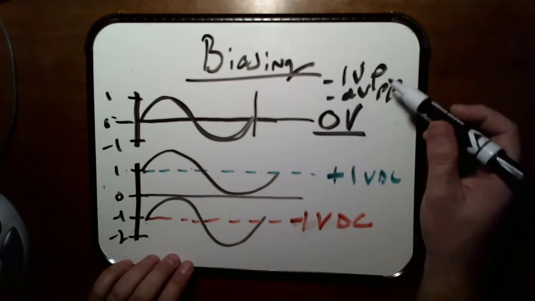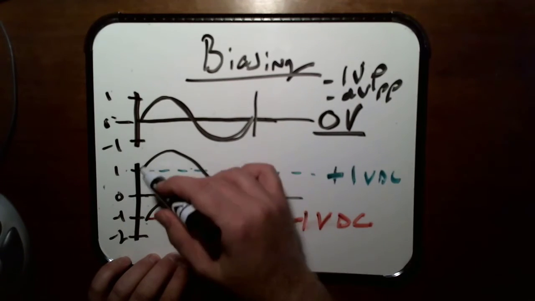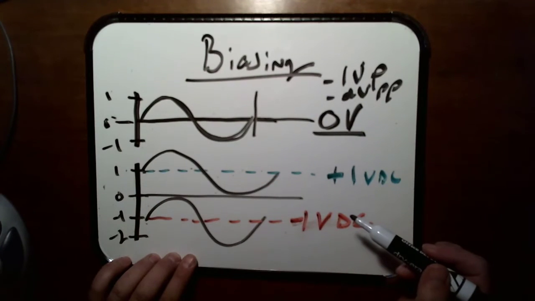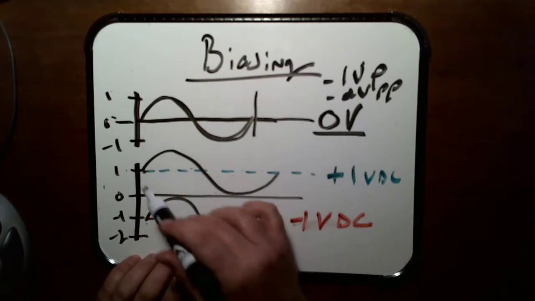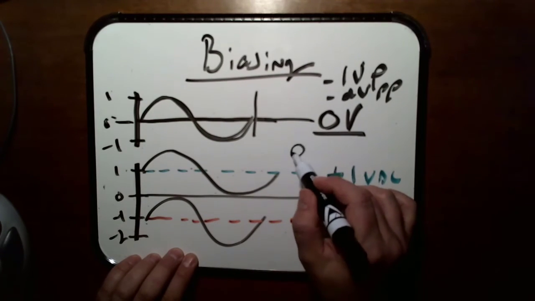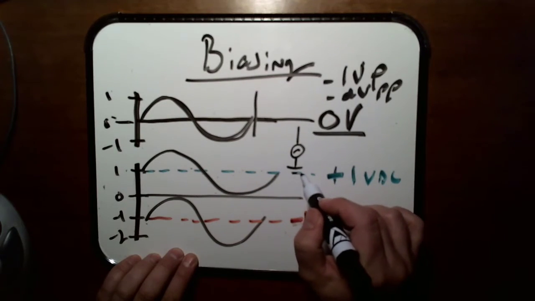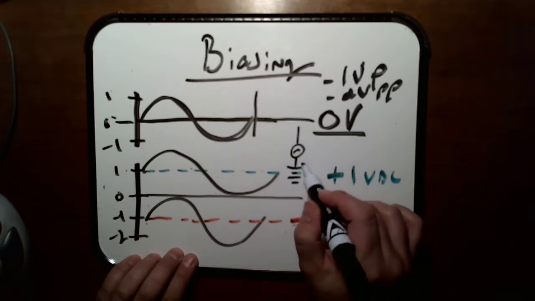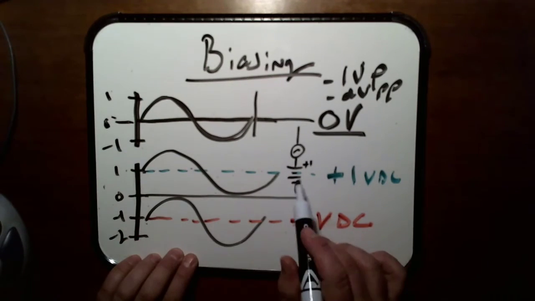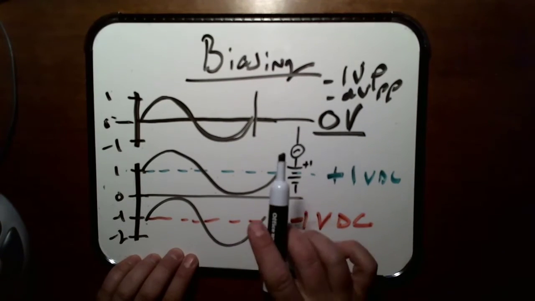So this is still a 1 volt peak, 2 volts peak to peak wave. It's still a sine wave, but I've put an AC source in series with a battery of 1 volt. And that is injecting that DC voltage in, and it's moving it up.